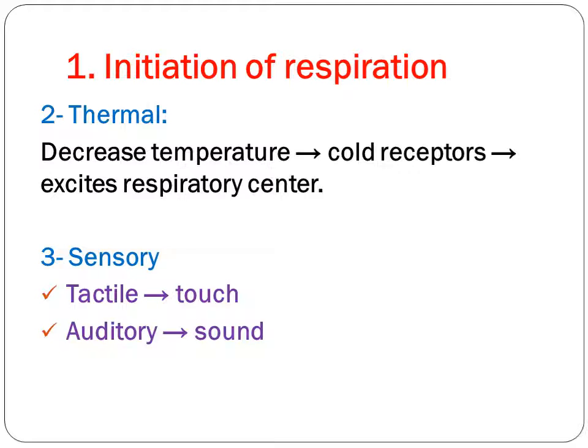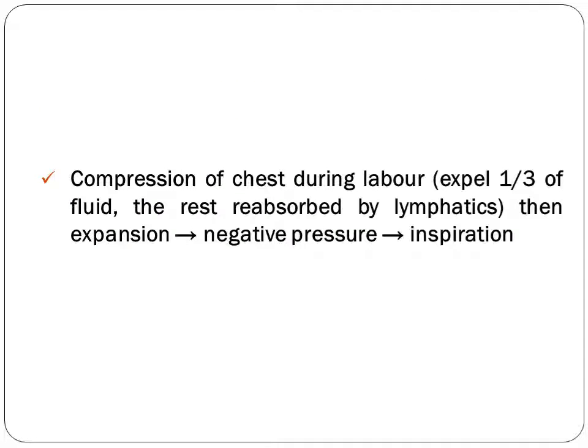Also, hearing sounds in the external environment will send impulses through the auditory receptors, and exposure to light outside the uterus will also send visual impulses. All of these impulses will go to the brain to stimulate the respiratory center to start the respiration.